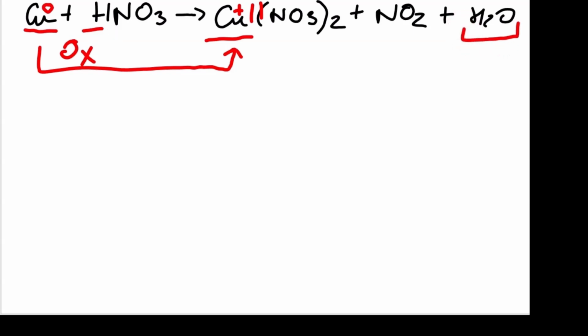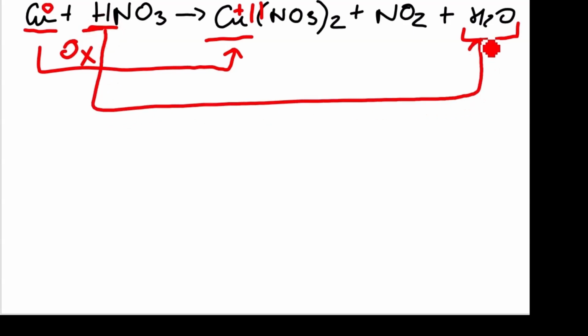In the water, every single hydrogen atom has an oxidation state equal to plus 1. So we see that there is no oxidation state change between substrates and products in the case of the hydrogen atom, hydrogen cation.